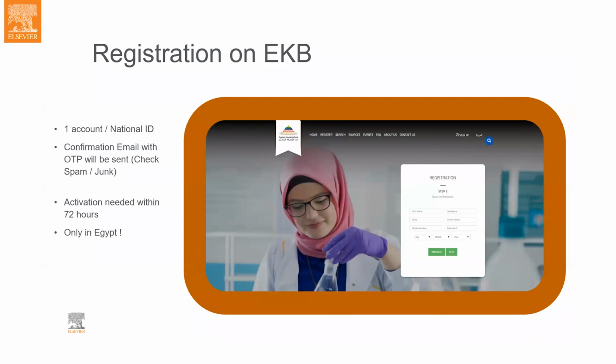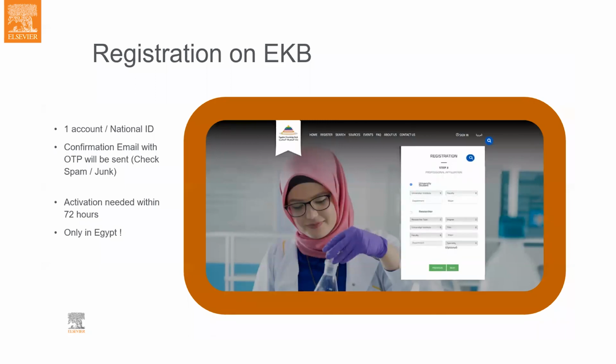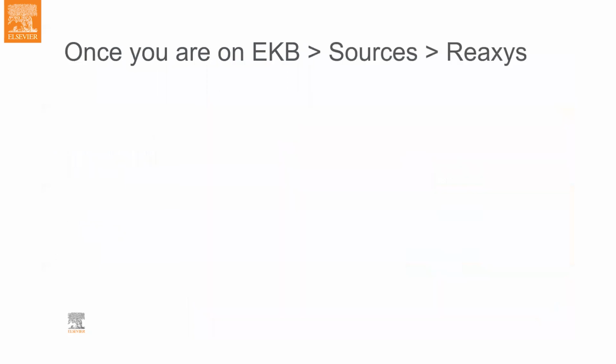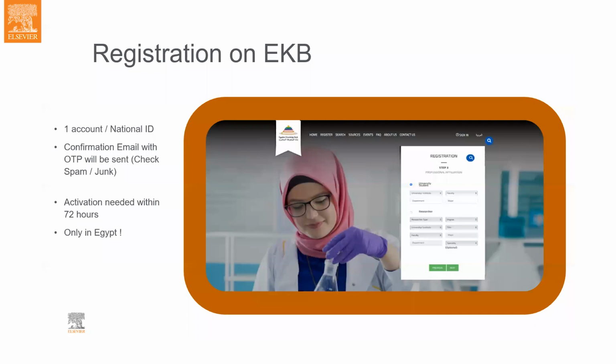The next step, you will need to insert your professional affiliation, whether you are a university student or a researcher. And there is a captcha, a confirmation code you will put in. You will receive a confirmation email to the email address you specified. It has a one-time password. As you can see in the registration process, you did not insert a password.